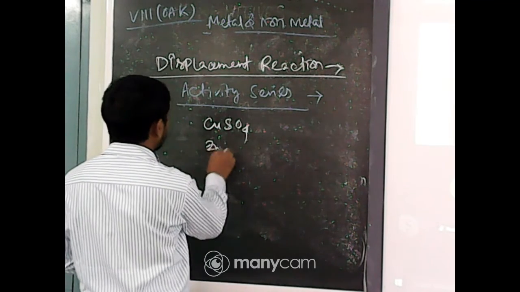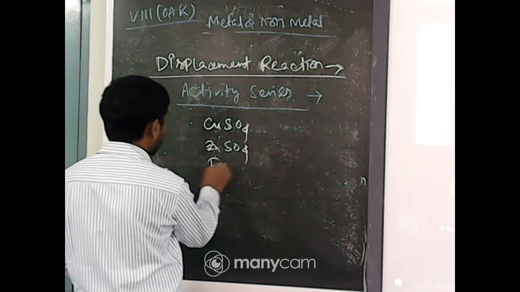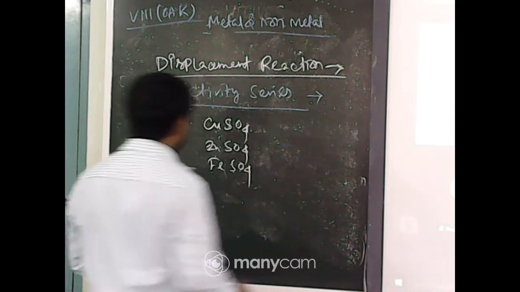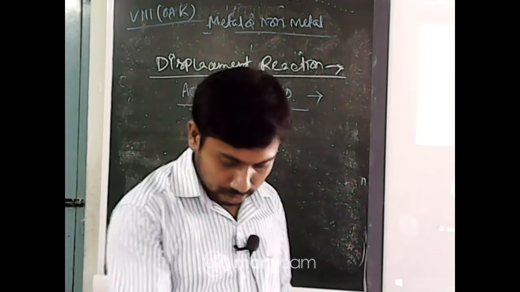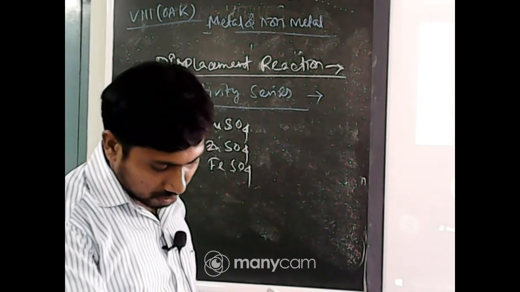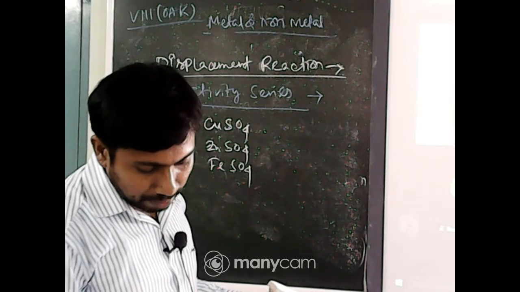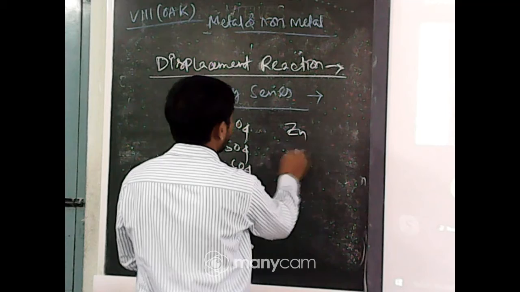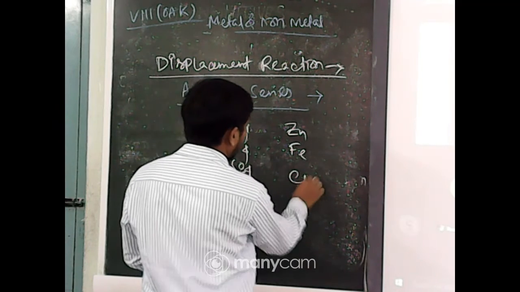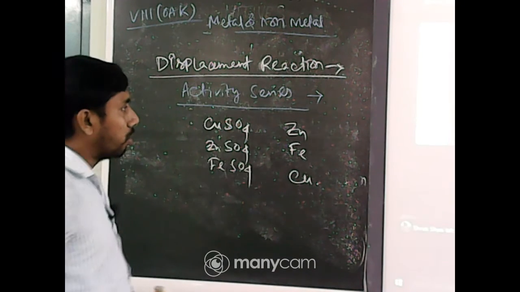Only three, and the elements are zinc, iron and copper.